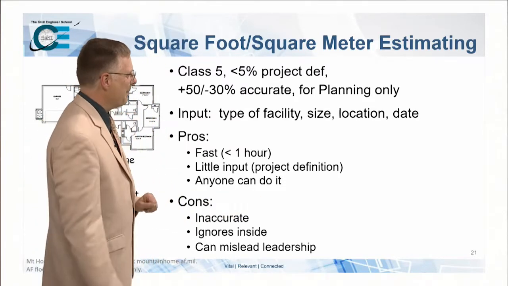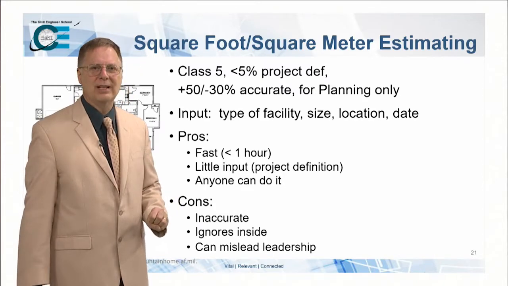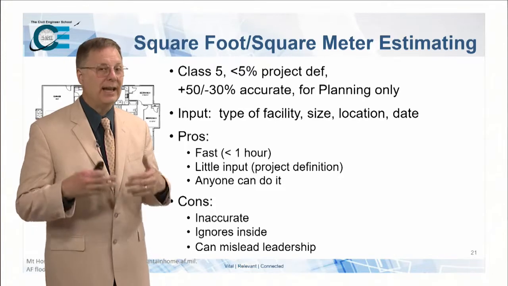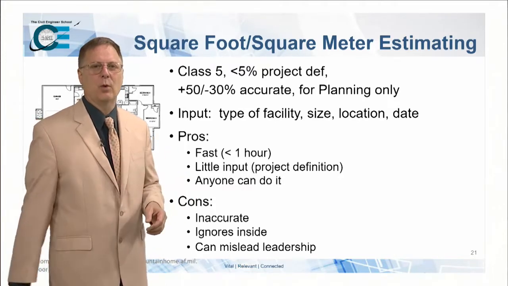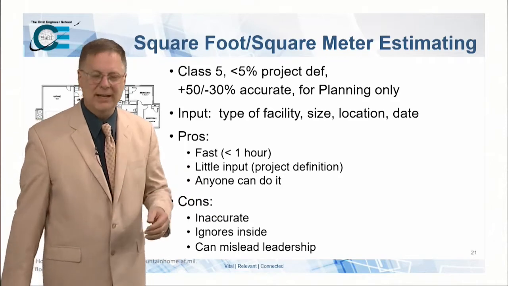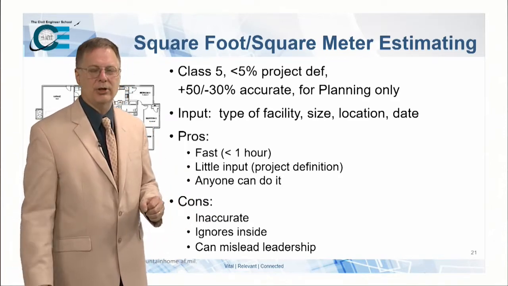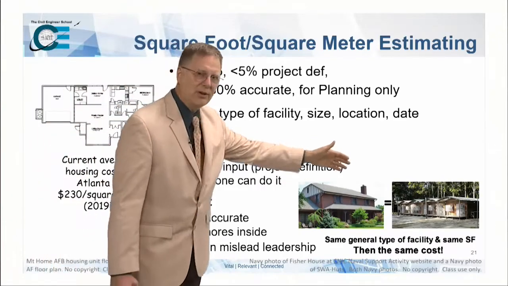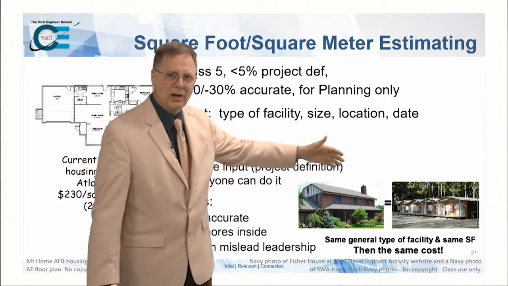All right? But the problem is it's grossly inaccurate. It ignores what goes on inside of the facility. And if we try to use this for more accurate estimate requirements, like a programming estimate, it can mislead your leadership. See, the problem is that these two houses are both dwelling units.